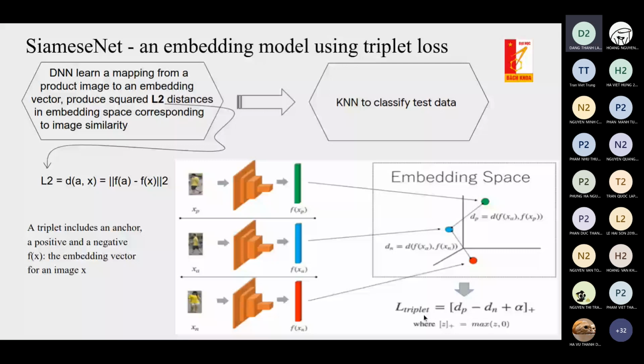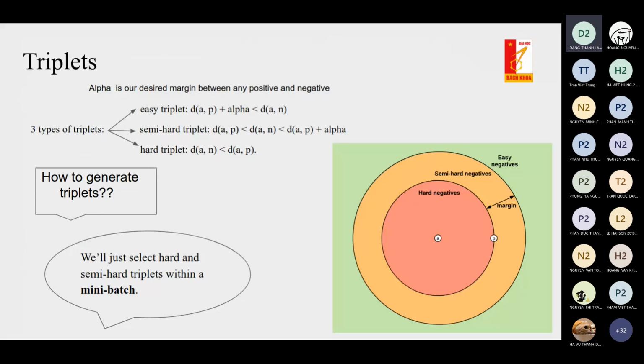So about the types of triplet, because we have to map 3 images together for training, what kind of image can we choose to be a triplet? We have 3 kinds of triplet. The first one is easy triplet. Second is semi-hard triplet, and the third is hard triplet.